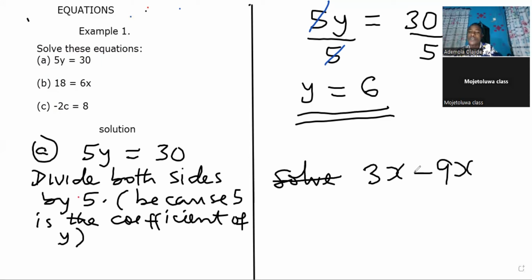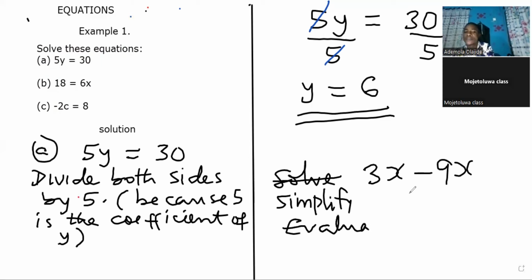There's nothing like an equal sign in between. So this is not an equation, it's just an expression. So they can only tell you simplify. Or we use the general word that can be used for either expression or equation, which is evaluate. So it is only an equation that we solve.